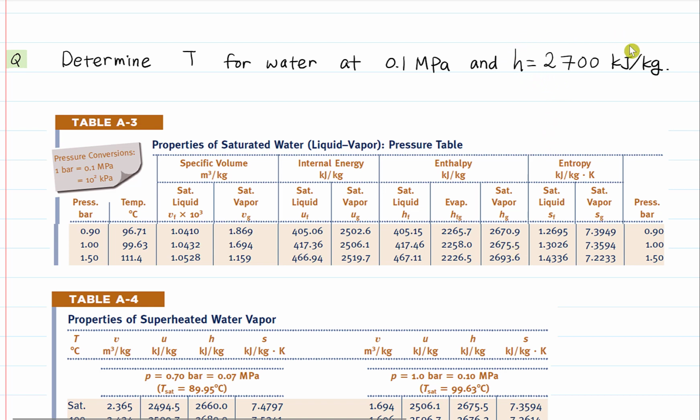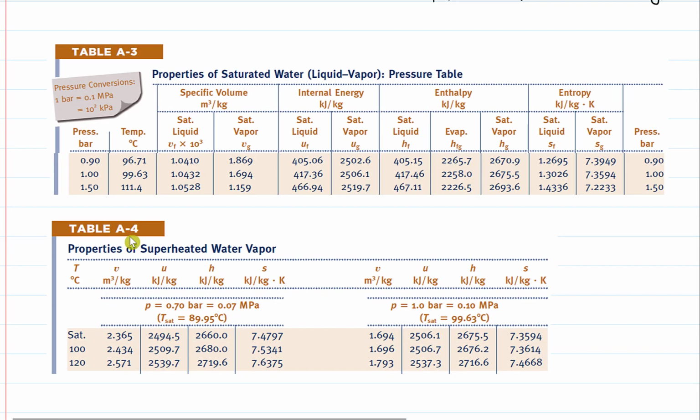But the given enthalpy is greater than the enthalpy at saturated vapor. So it suggests that the given state is in the superheated water vapor region. So see the superheated table. At 0.1 megapascal the enthalpy 2700 kilojoule per kilogram sits between temperature 100 and 120 degrees Celsius.